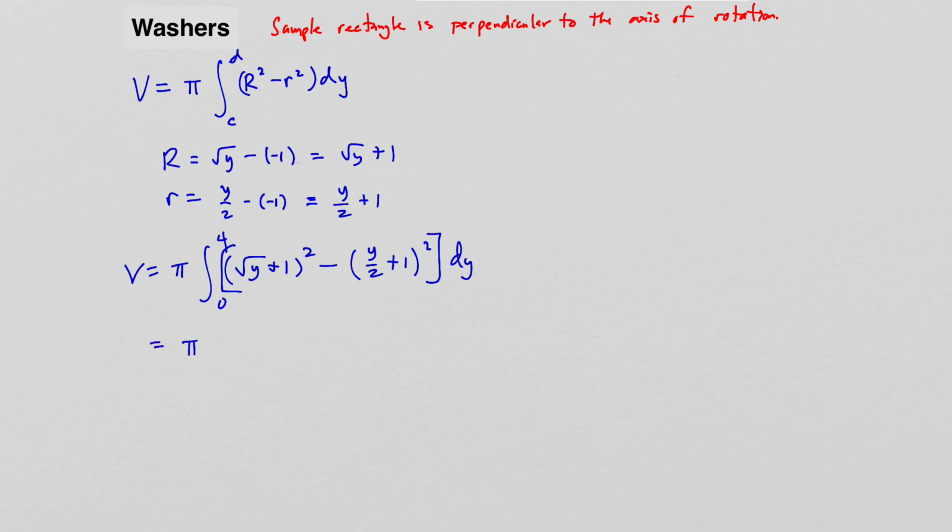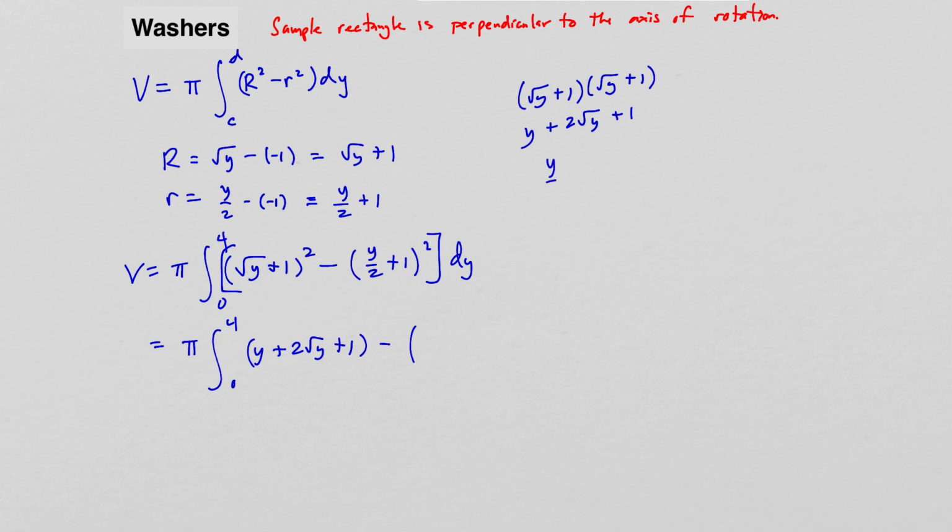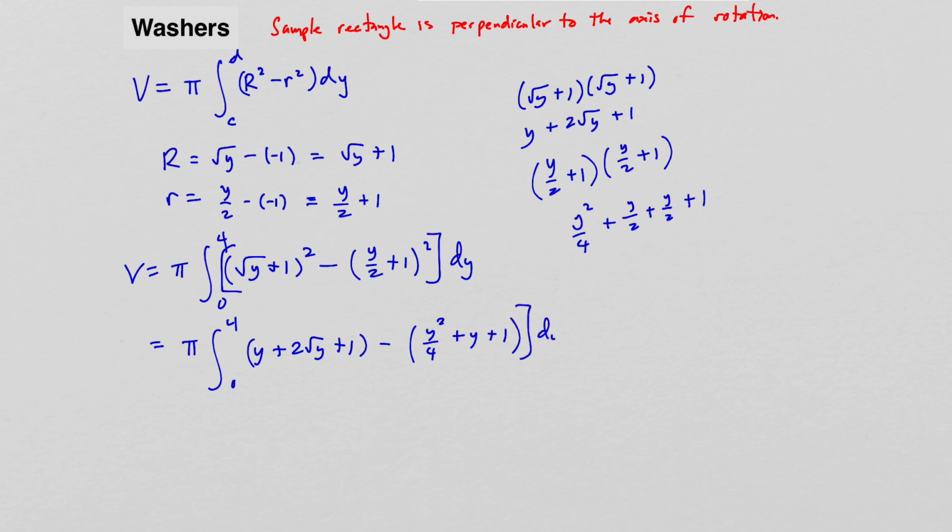So we have pi times the integral from 0 to 4. When we multiply the square root of y plus 1 times the square root of y plus 1, you get y plus 2 square root of y plus 1. Minus, and then when you multiply y over 2 plus 1 times y over 2 plus 1, this gives us y squared over 4 plus y over 2 plus y over 2 plus 1, and that simplifies to y squared over 4 plus y plus 1.